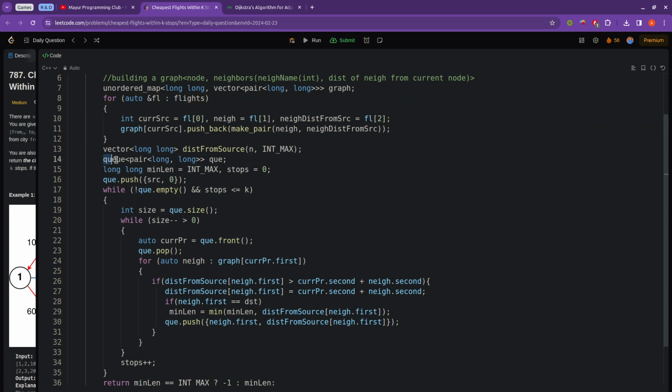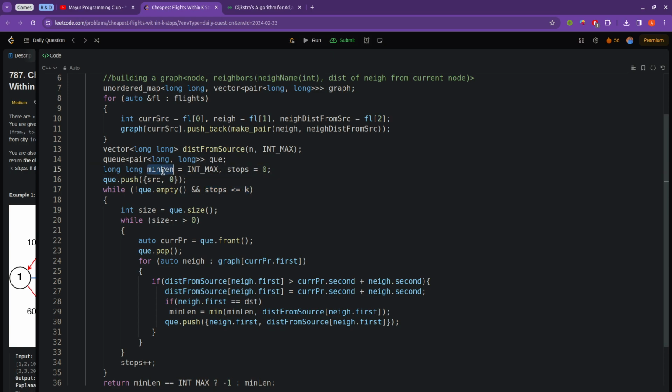Once you declare this particular queue, instead of using any priority queue, we are only using a simple queue. Why are we using only a simple queue? Because this constraint will keep us from visiting more than k nodes, and we can keep a variable minimum distance which will allow us to get only the minimum distance from source to destination.